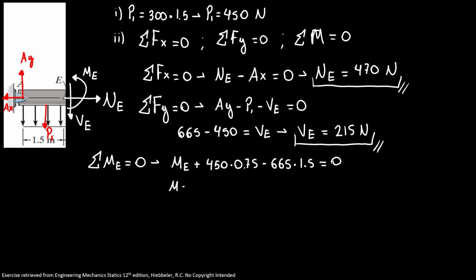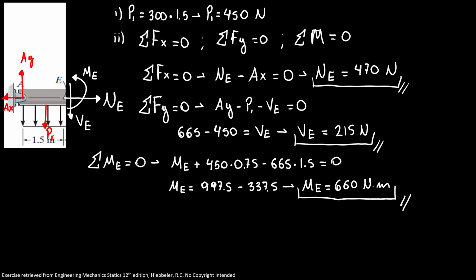So our ME is equal to 997.5 minus 337.5. So our moment about E is equal to 660 newton meters. Now we've finished our internal forces at point E.